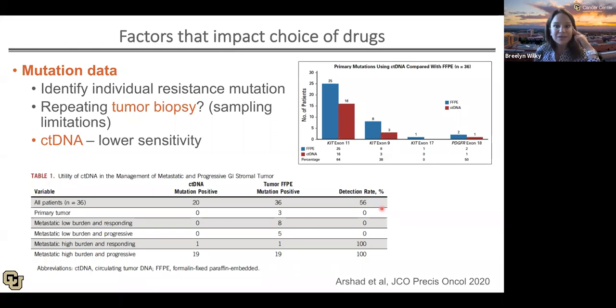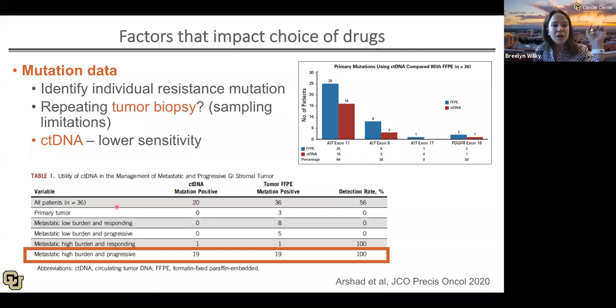So that means that even though the patients had tumors and they had disease, circulating tumor DNA was negative or not picking up the mutation almost half the time. And it turns out that the patients where this was happening, where the circulating tumor DNA was missing the mutation, is when you have very low burden of disease, so very few tumors or small tumors, and the tumors were actually responding to treatment.